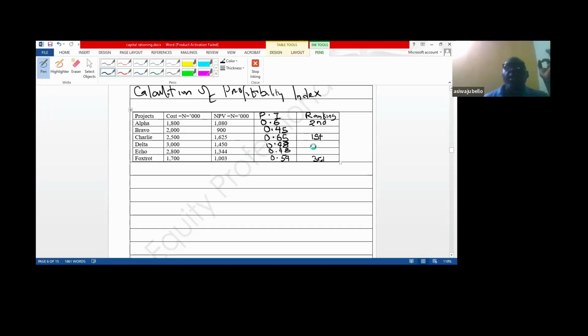These two tie. But one of them can take 5. It doesn't matter. If I do Delta first, or I do Echo first, they will give me the same results. So you can take this as 5. Then Bravo will go last.